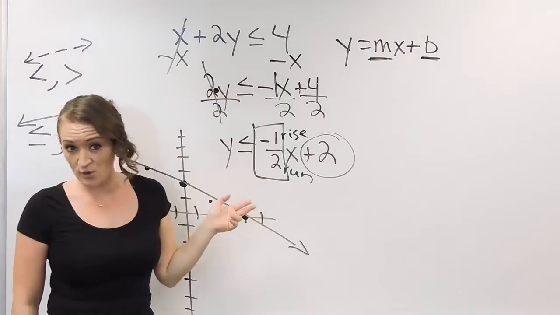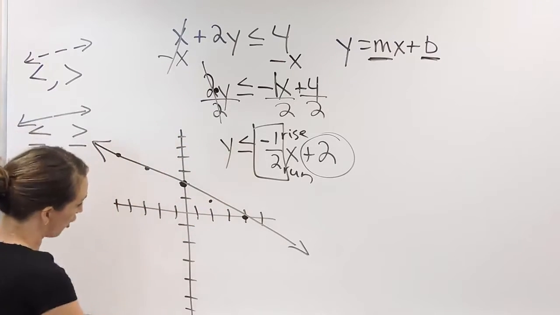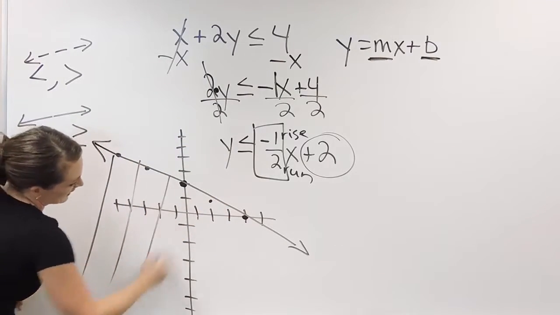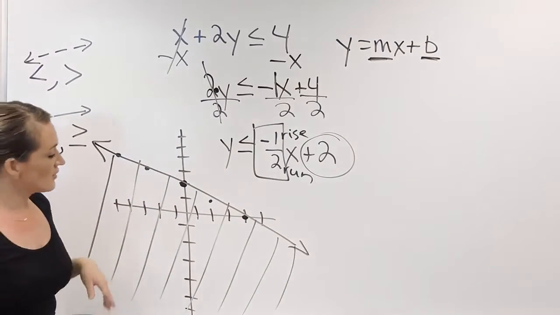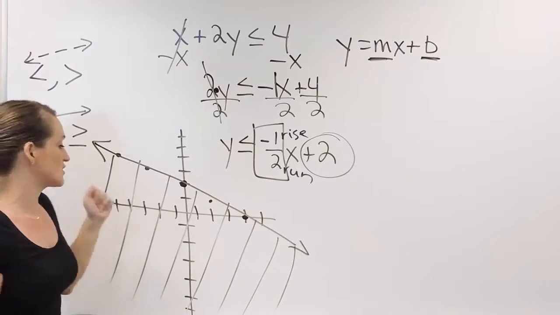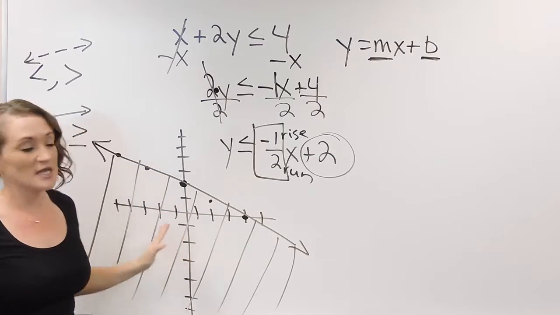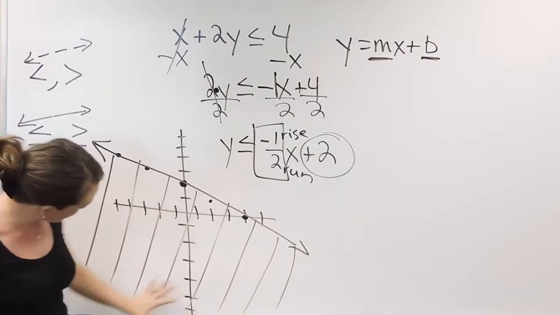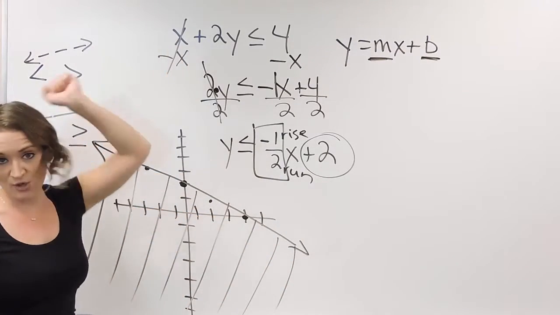This is a less than or equal to, so anything less than this line is anything below this line. That's everything down here. Some people like to use colored pencils or whatever it is, just as long as you understand anything below this line is what is shaded. That means this entire region over here is our solution to this particular graph.